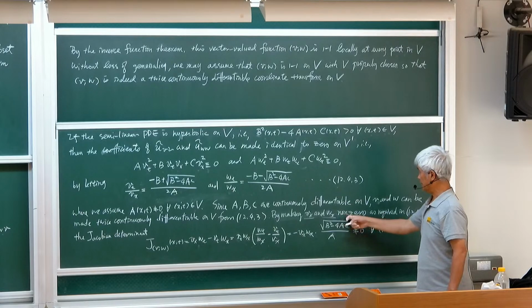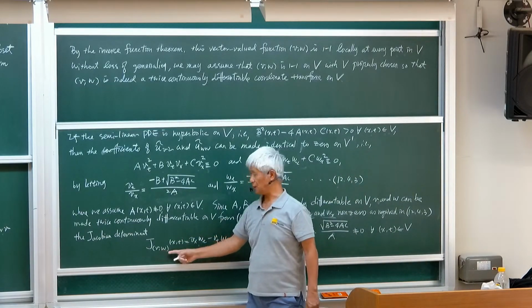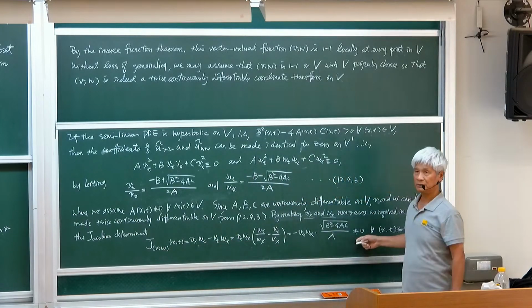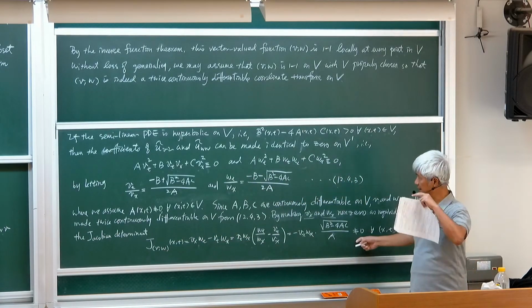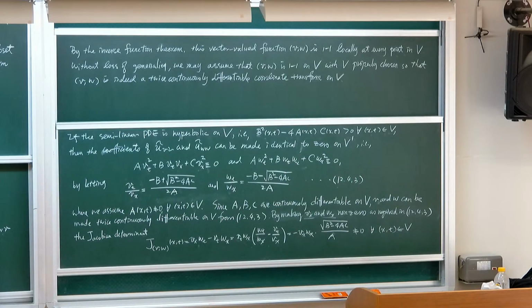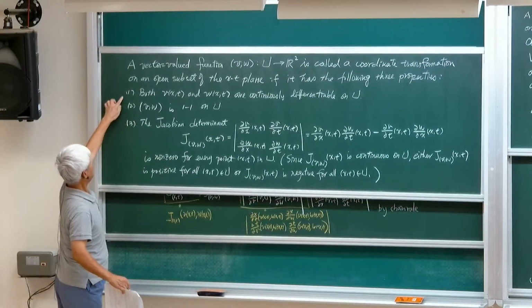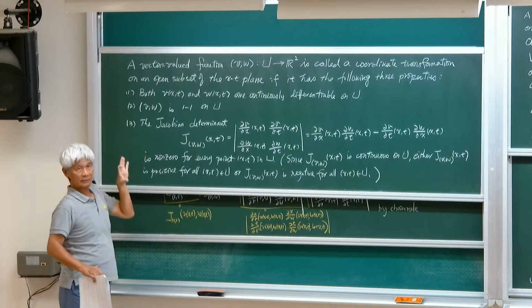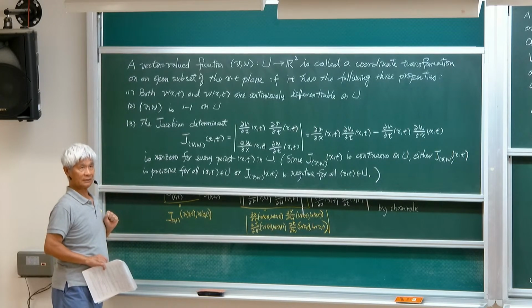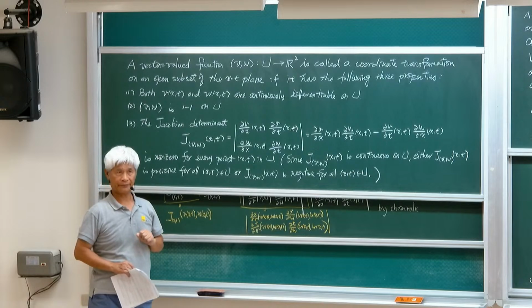And by making this true, we show that the Jacobian determinant must be non-zero too. In that case, the three properties of coordinate transformation, numbers 1 and 3, are justified. But the second one is still questionable.